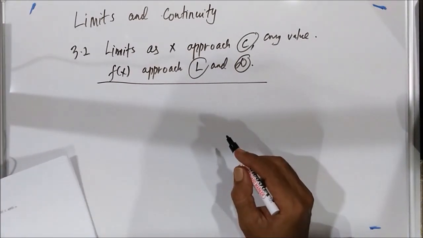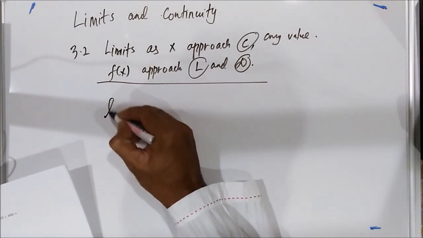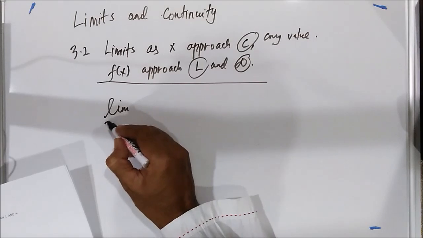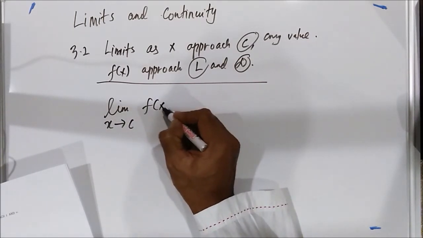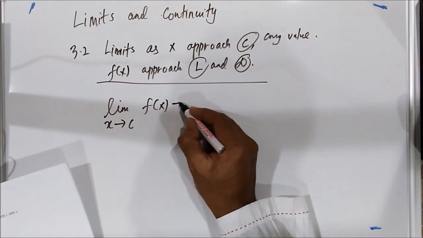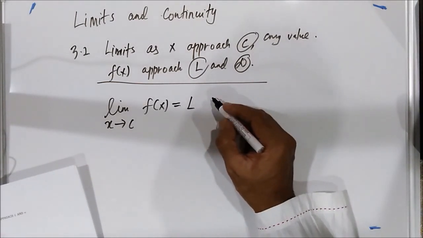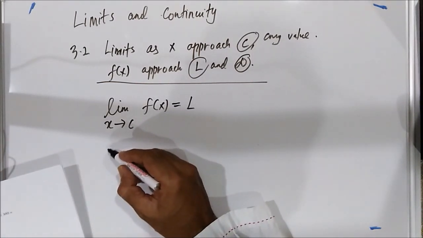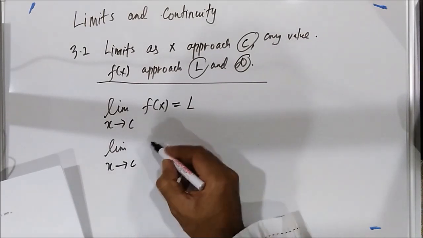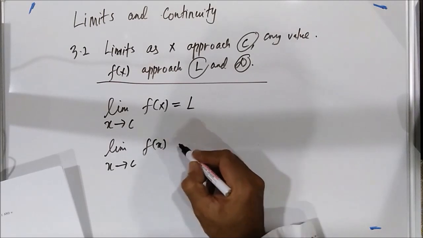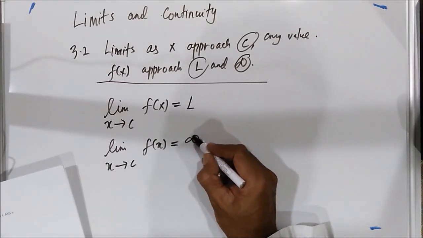You can write it like this: the limit as x approaches c of f(x) in a general term is equal to L. Or we can also write it like this, the limit as x approaches c of f(x) can also have the answer of infinity.